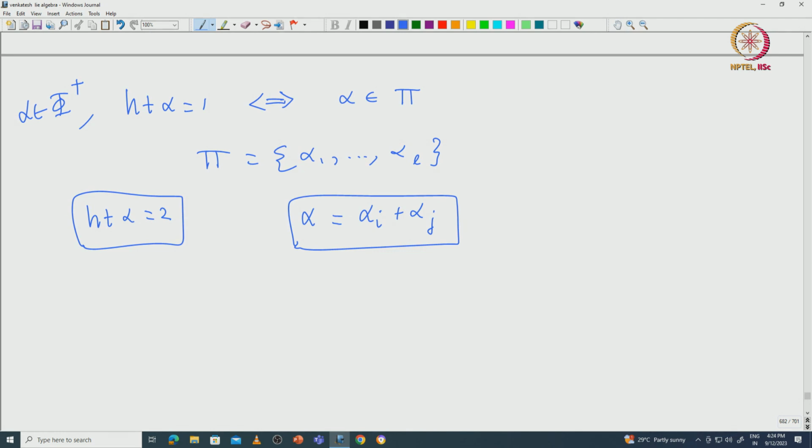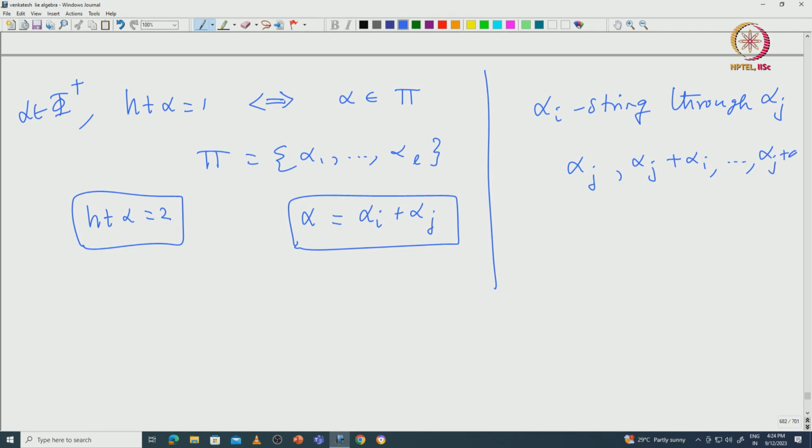But since alpha i minus alpha j is never a root, if you consider the alpha i string through alpha j, it will start exactly with alpha j and then you keep adding alpha i, up to some alpha j plus q alpha i. Now you can see that this q must be given by minus the Cartan integer of alpha j, alpha i.